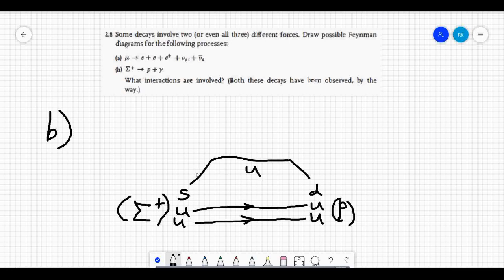Oh, by the way, I should write this. So this strange quark is going forward in time. This down quark is going forward in time. And so the up quark has a charge of plus 2 over 3, which will counteract the minus 1 over 3 and the minus 1 over 3, and have a conservation of charge. It'll all turn to 0.